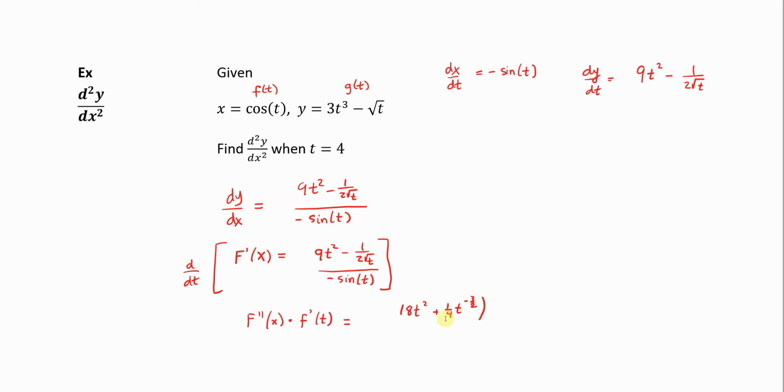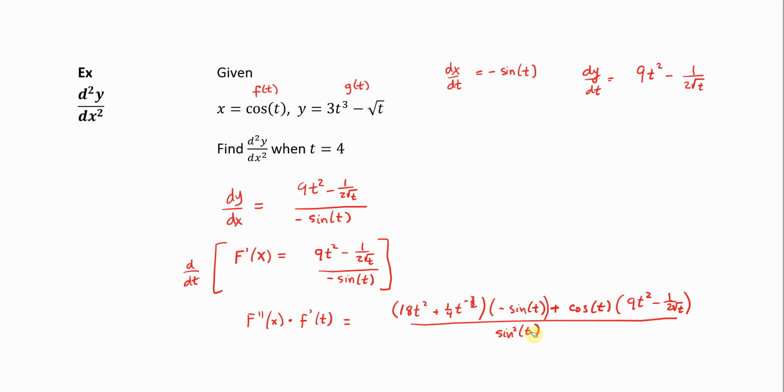That's the derivative of the top times the bottom, minus the derivative of the bottom, which is negative cosine. So minus negative cosine, that's the same thing as positive cosine, times the top, not the derivative of the top. All of this over the bottom squared. So negative sine of t squared, so that's just sine squared of t.